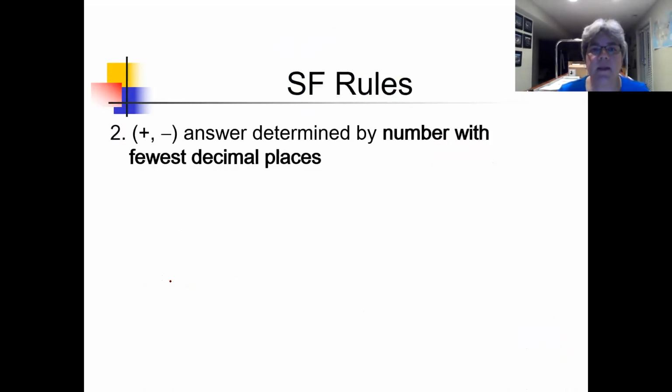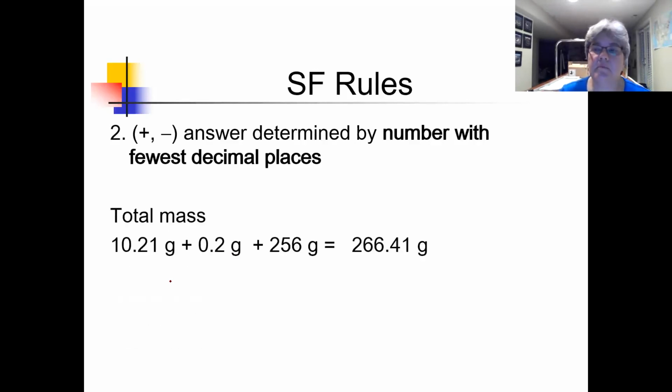All right, then the next rule, this is a different rule if you're adding and subtracting. Then the rule is the answer is determined by the number with the fewest decimal places. So for example, I want to do a total mass. So what I have to look at is each of these numbers, how many numbers behind this decimal point. Okay, so this first one, 10.21, has 2.